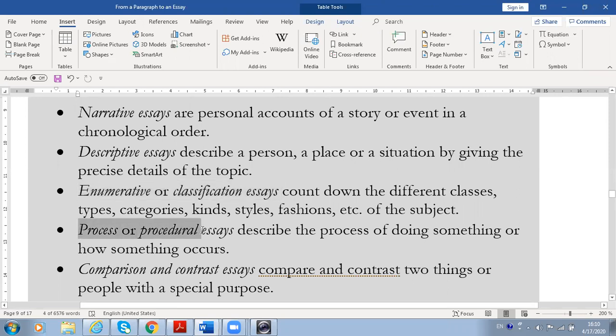The next type of essay is process or procedural essays. In procedural or process essays, you're describing the process of doing something or how something occurs, okay? For example, when you want to describe the process of immigration to Canada, you start from the first step, second step, third step, and move on.